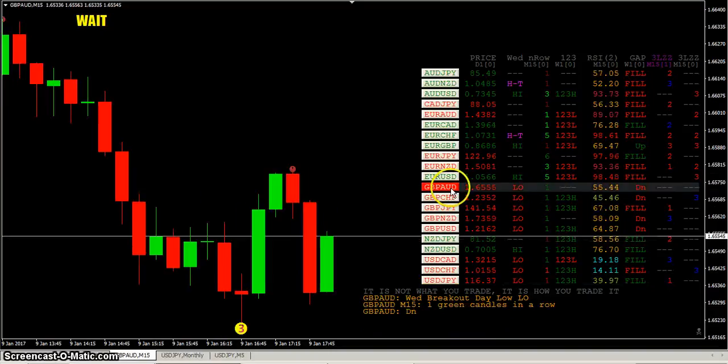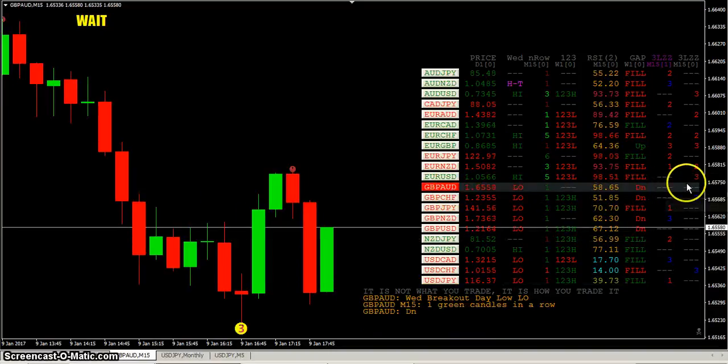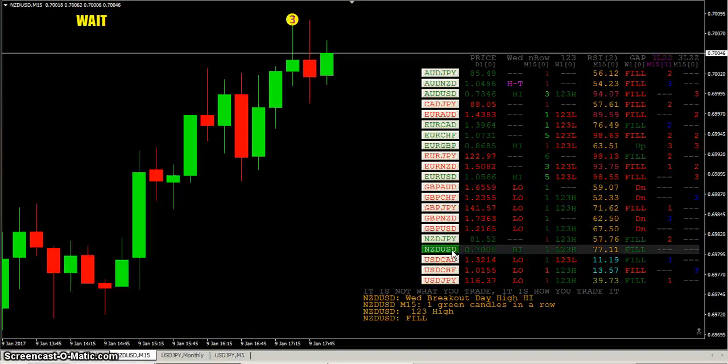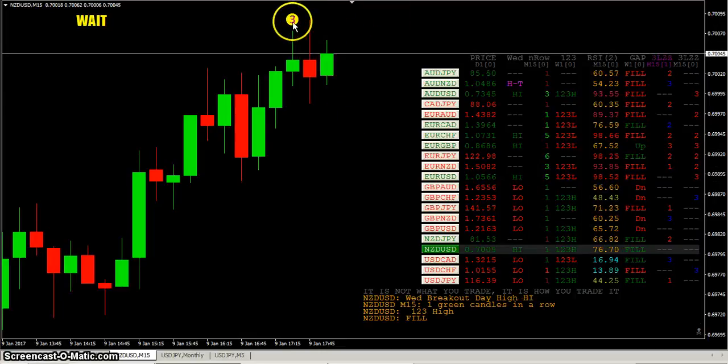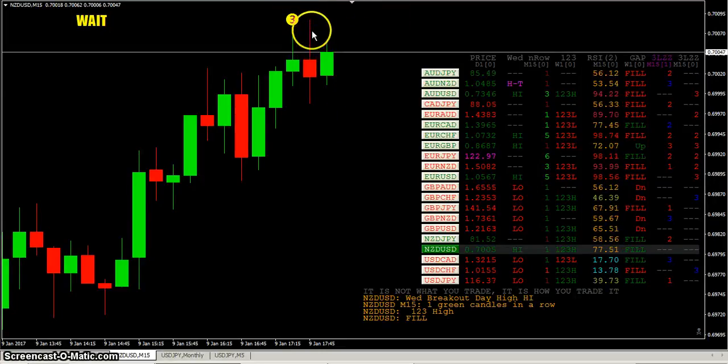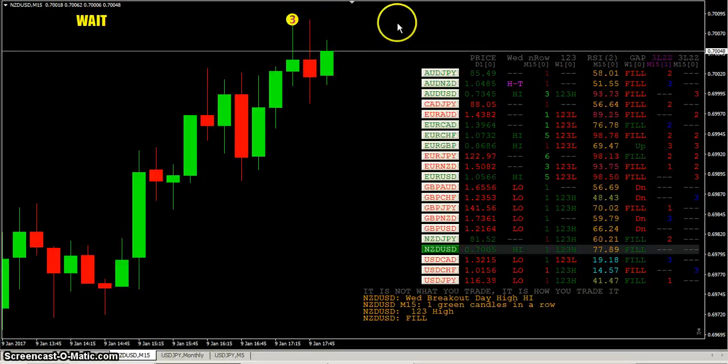So for example here, there's no trade. Just like here, New Zealand dollar, there's no 3-3 trade or no ZZ trade, but you can see here it's in this wick zone, it's in this wick zone, something's happening. When it's doing this pattern here, that's what's called consolidation.